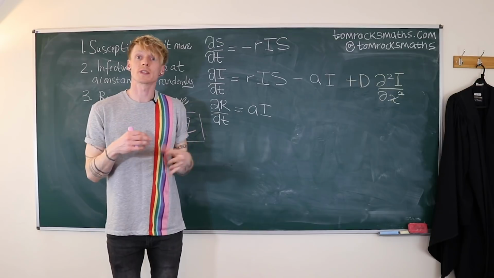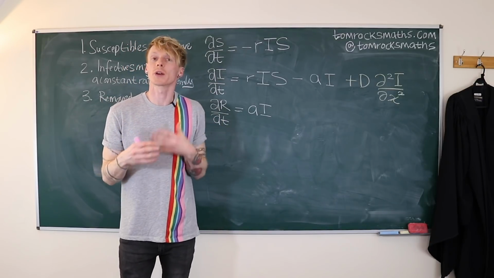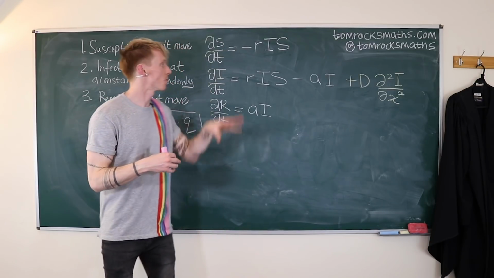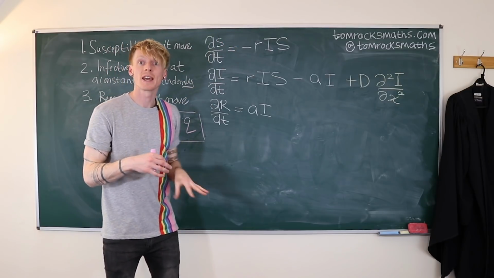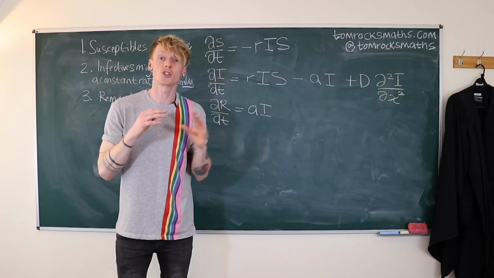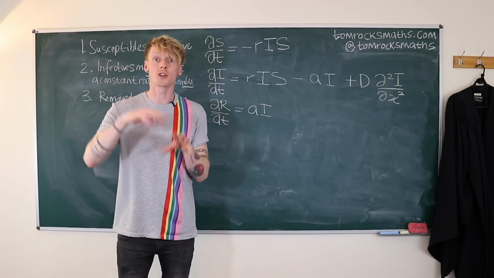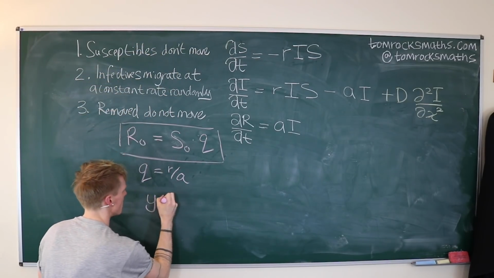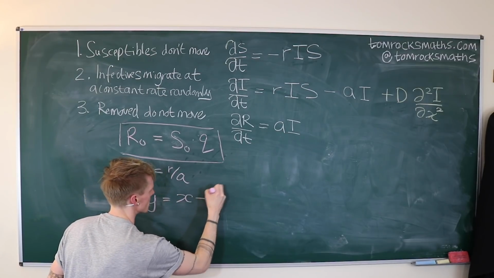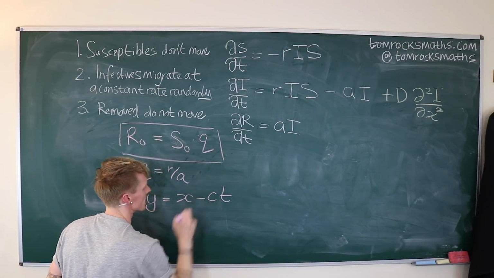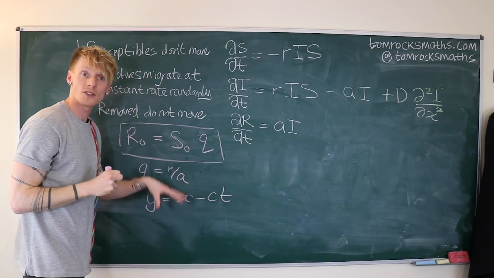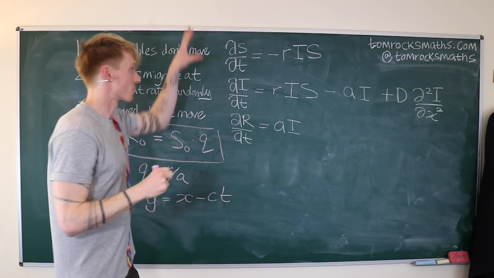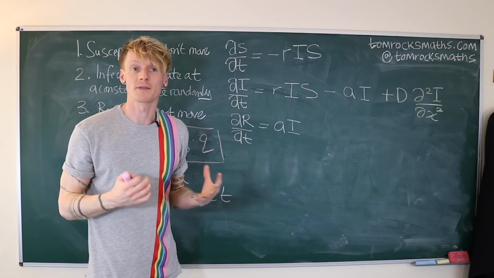And what we want to do is create a new variable, which we're going to call y, and then convert these equations into differential equations just involving this one new variable, which is given by x minus a constant c times time. And making this change of variables is going to really simplify our set of equations.